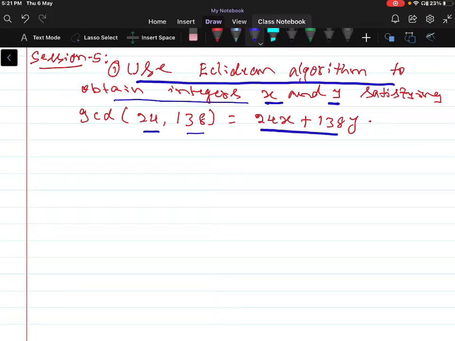Take a problem: using Euclidean algorithm, obtain the integers x and y satisfying GCD of 24, 138 is equal to 24 into x plus 138 into y. So first let us find out the GCD of two integers 24 and 138 by using division algorithm.